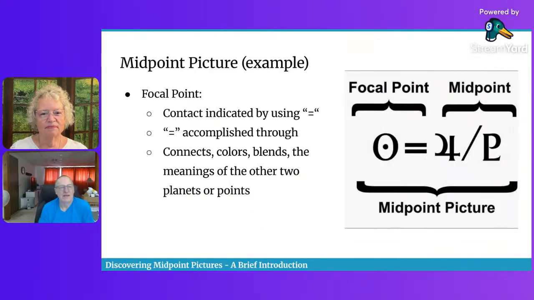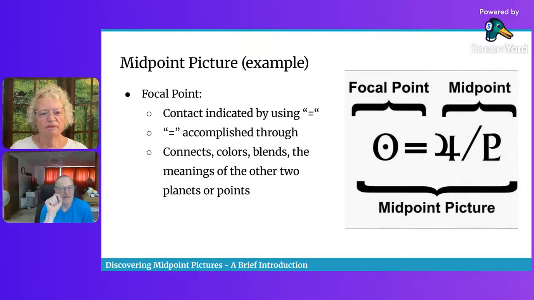Okay, now here's a little bit more about it. So as we said in the previous one, we have the focal point, the midpoint picture. So the focal point, that's your contact. That's what you're trying to get to. And we use the equal sign to represent it.